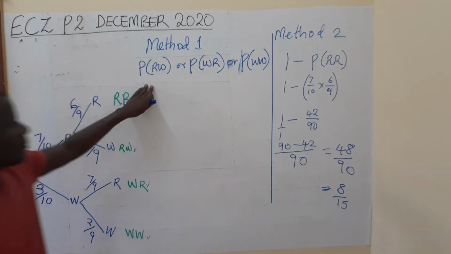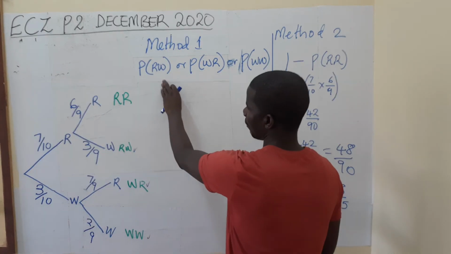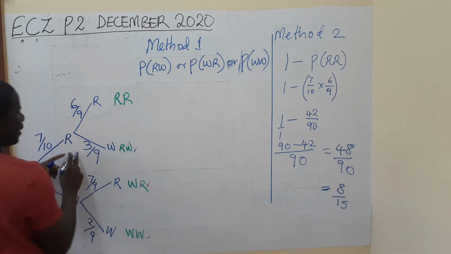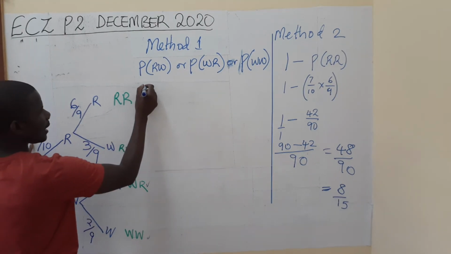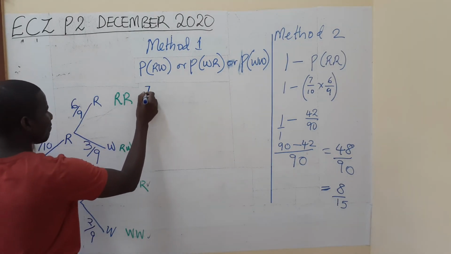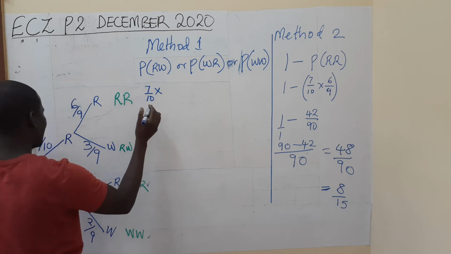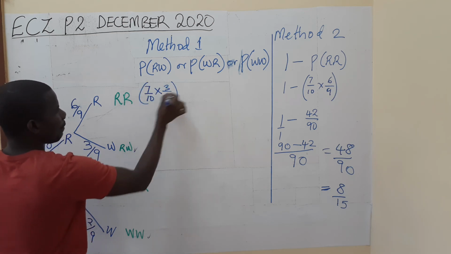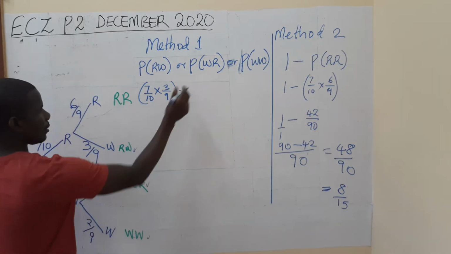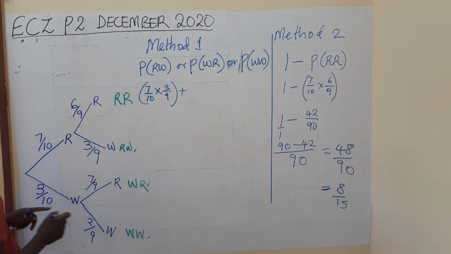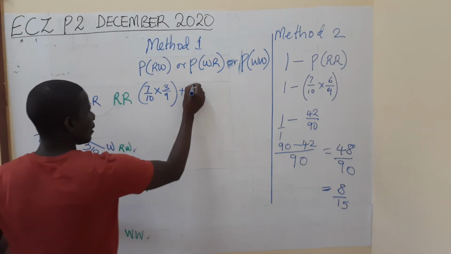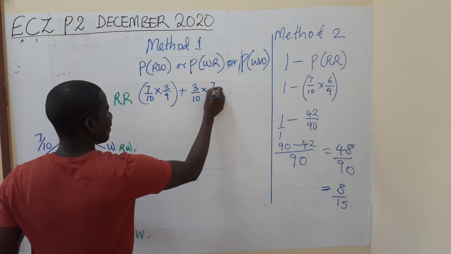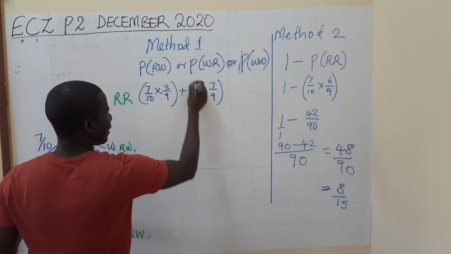Then let's come to this method now. Red and white. It was this one where we say it should be 7 over 10 multiplied by 3 over 9, plus the second one is going to be 3 over 10 multiplied by 7 over 9.